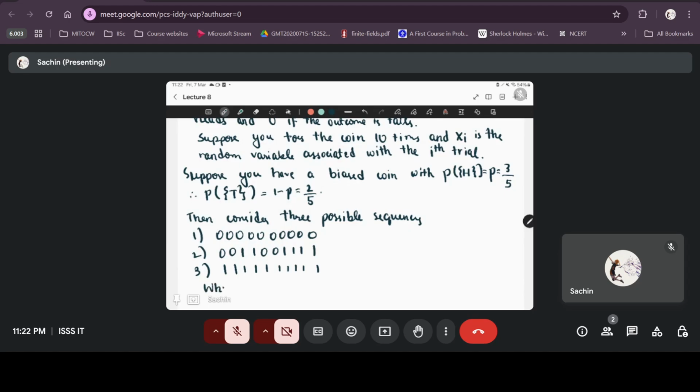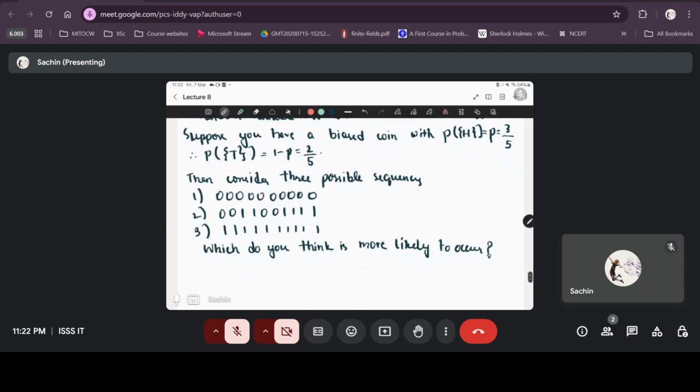So, which do you think is more likely to occur? If someone asked you this question, you would think that 3/5 of the time you would get a head, and 2/5 of the time you would get a tail.